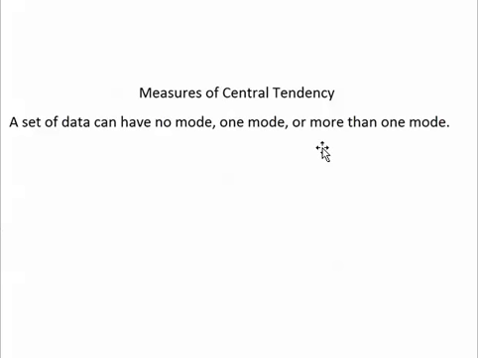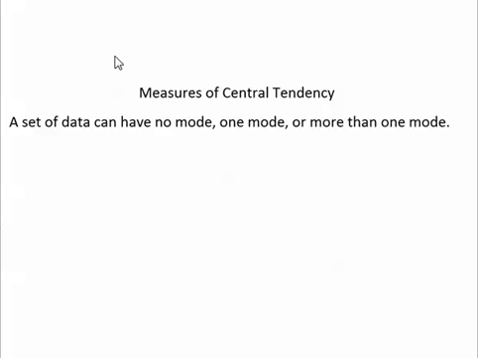If every value appears the same number of times, there's no mode. For example, if I'm recording people's college majors and I get psychology, business, and economics, and every value appeared 2 times, there would be no mode because no value appeared more often than any other value.